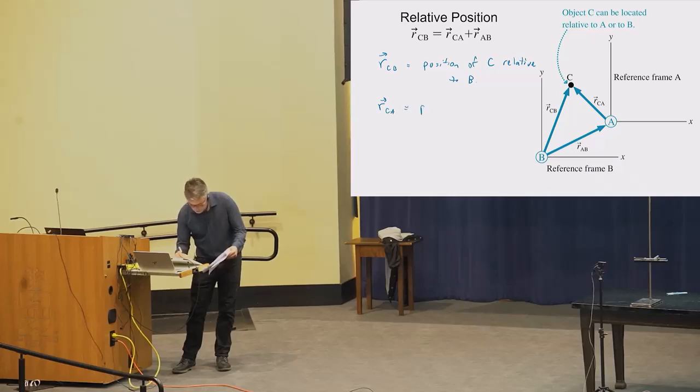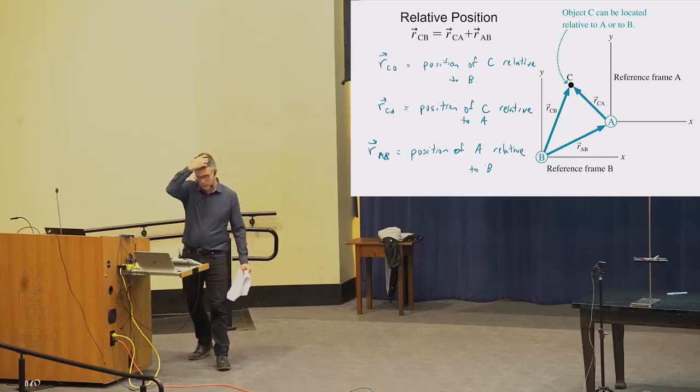RCA is the position of C relative to A, and RAB, sorry for the handwriting, is the position of A relative to B.